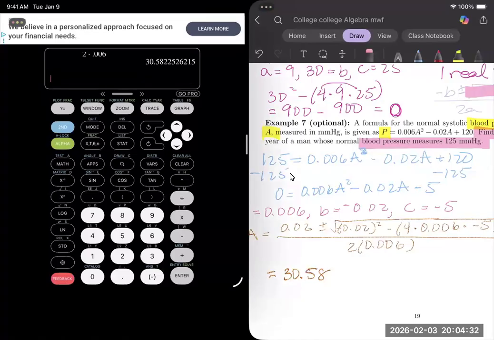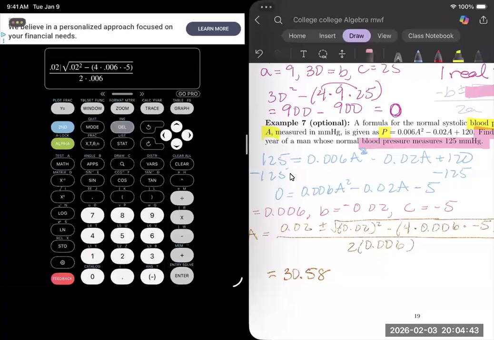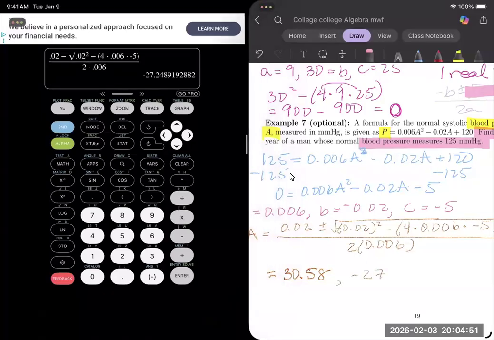Anyways, rather than type all of this again, I'm just going to do second enter, and that brings up everything that you just input. So now I can delete that out and type in the negative, enter. Yes, and that one doesn't make any sense, right? That's the negative 27.25 with rounding.